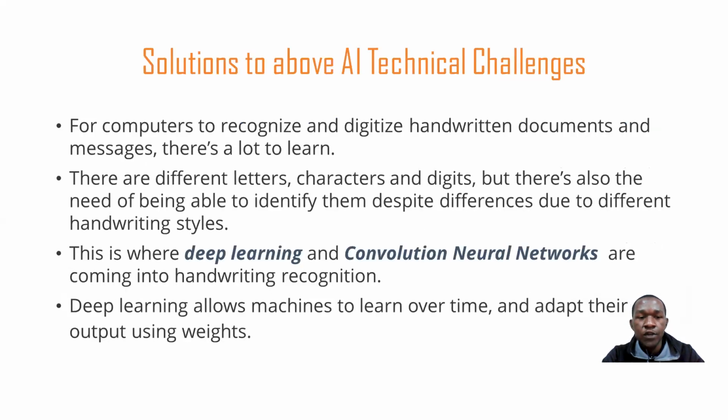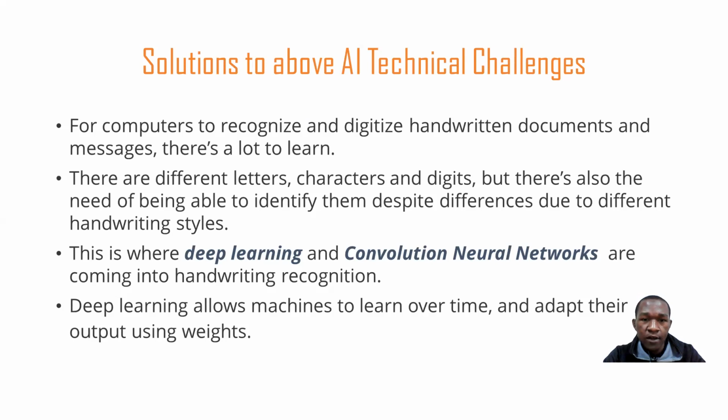Now, we're trying to alleviate some of these technical challenges already listed above. For computers to recognize and digitize handwritten documents and messages, there is a lot to learn. There are different letters, characters, and digits, but there is also the need to identify them despite the differences due to different handwriting styles.